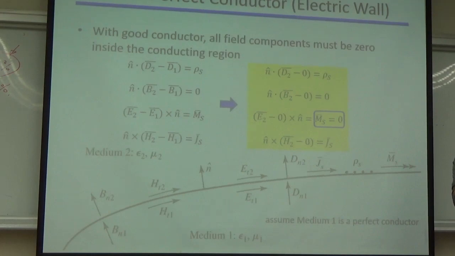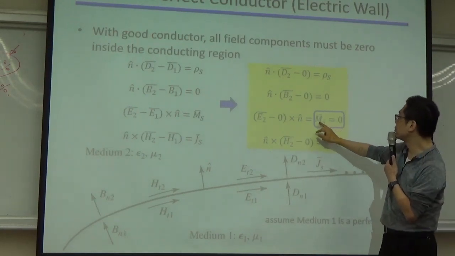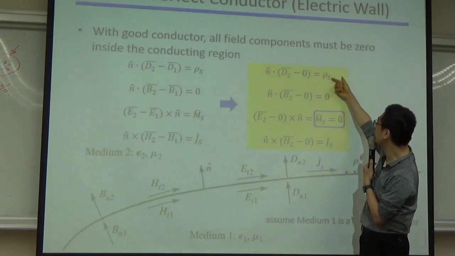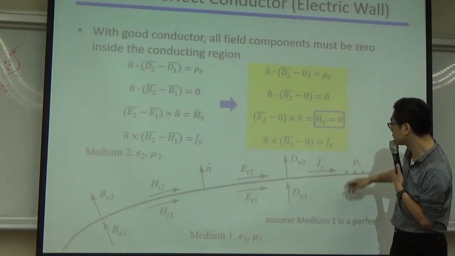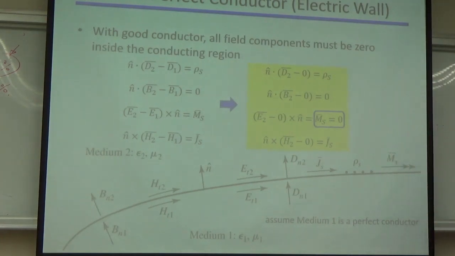However, in the equations, what you need to do is put Ms equals 0. But you may still have rho s and Js. I think it's one of the special cases. Wait, I might have said something wrong.